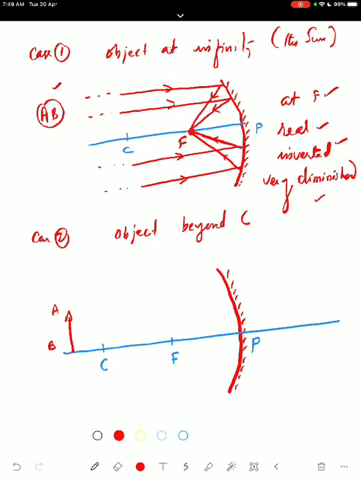We have to consider any two rays for the image formation. I am taking the first ray parallel to the principal axis from the head of the object, A. After reflection, it passes through the focus.